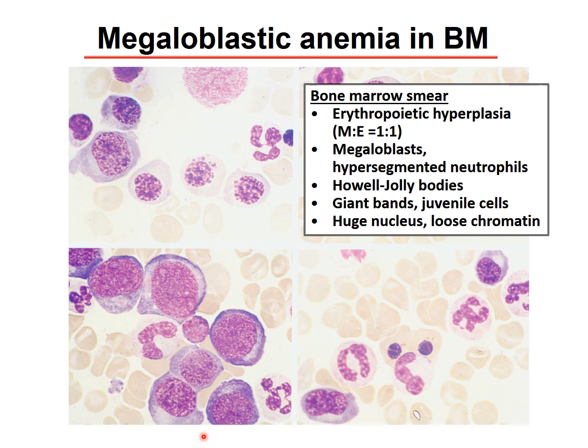That means megaloblast, erythroid megaloblast. But not only are the erythroid cells big, the myeloid cells are as well. And there can be giant band or hypersegmented neutrophils. Plus, look inside the red blood cells, it's tiny, but you do see some nuclear dots. This is called a Howell-Jolly body. So these are the characteristic features of megaloblastic anemia.